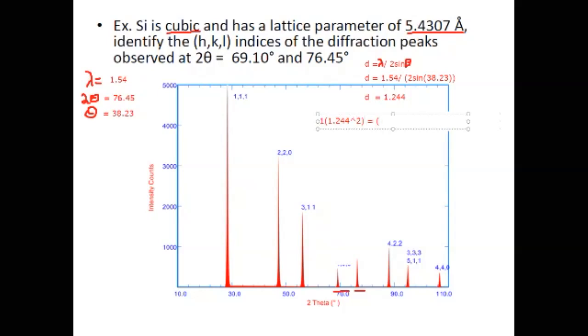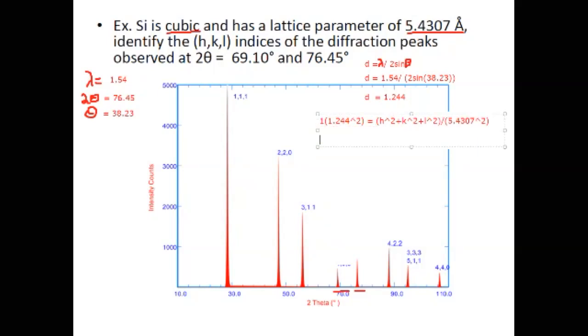equals h squared plus k squared plus l squared, divided by 5.4307 squared. So this will make you appreciate the software that does it for you.